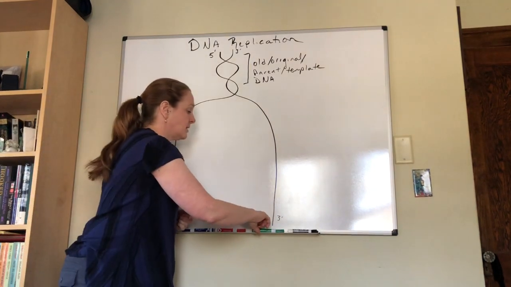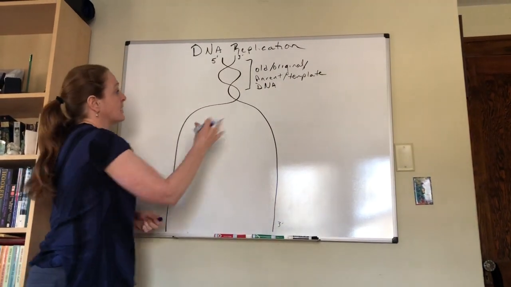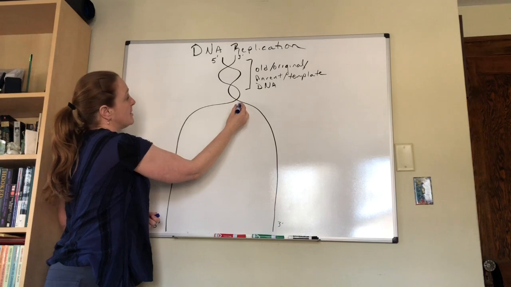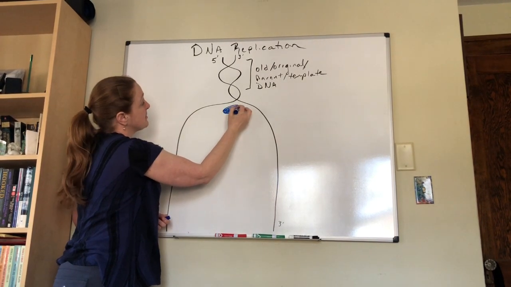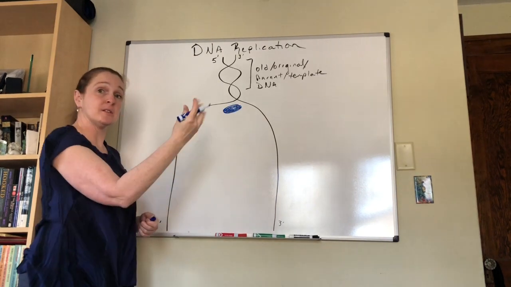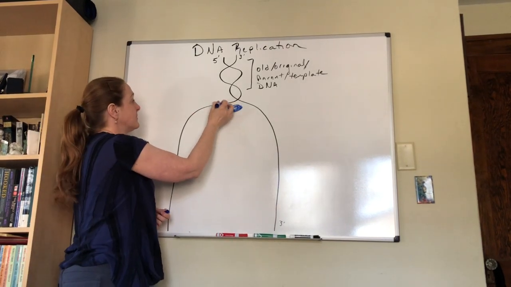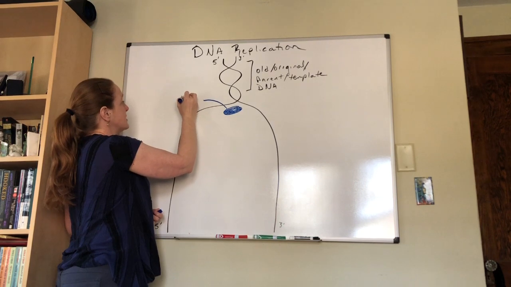So here I'm going to draw helicase. And helicase is an enzyme, it's a protein, and the way we often draw proteins is as a cartoony blob. So here we have our helicase.